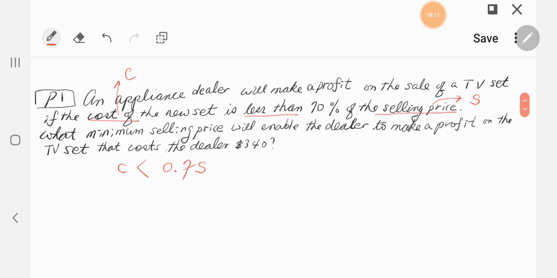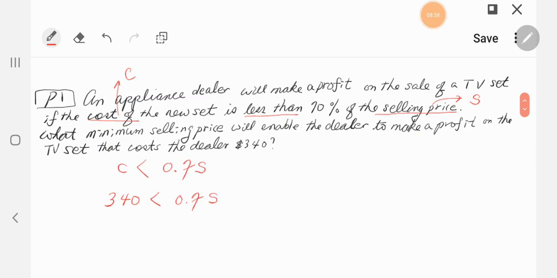So if the cost of the TV set is $340, then what should be the selling price? S is what we're looking for. So $340 should be less than 0.7 S. That's the equation.